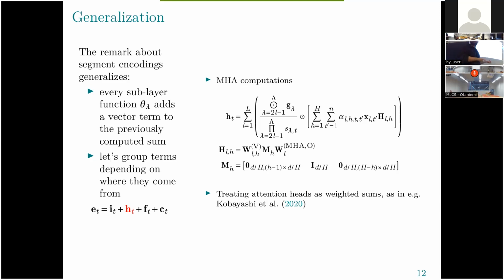Because one attention head in a multi-head attention mechanism can be thought of as a simple weighted average of the value vectors. And so with a bit more math, you can arrive at something that is a bit more detailed than what we had for the feed-forwards.